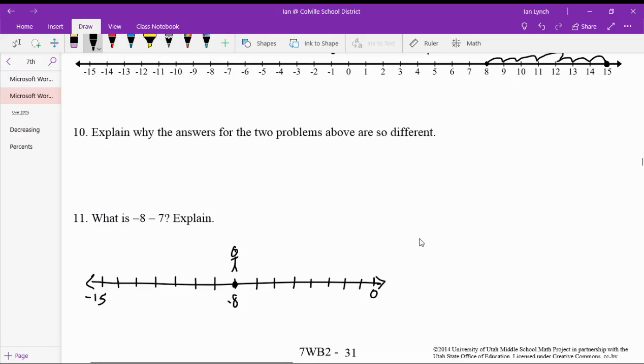So now that you guys come back, we've got negative 8 and we're subtracting 7. So because we're subtracting, we're going to turn around and face the negative direction. We're subtracting a positive, so we're going to move 7 places to the left, which gets us to negative 15. Odd.